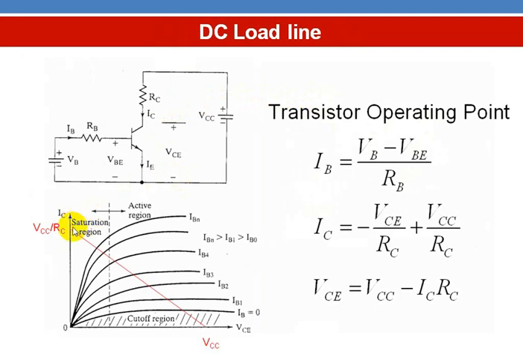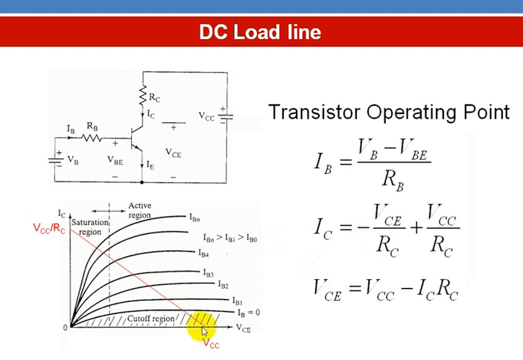We have to draw the load line and fix the operating point on this line. Mostly we will be using this load line to fix the operating point when we are operating the transistor as an amplifier.